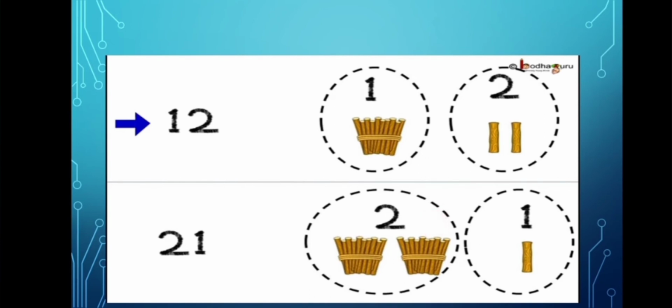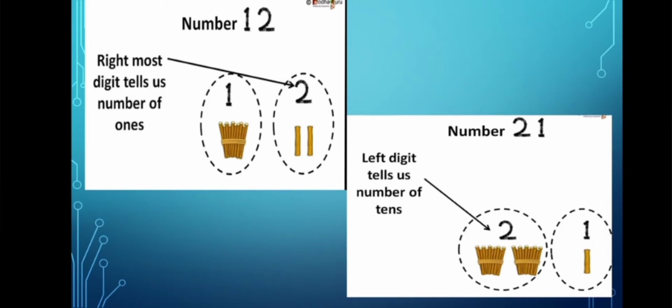The digit on the right tells us the number of loose sticks. In 12, 2 is on the right side, and it represents 2 sticks. But in 21, 2 is on the left side and it represents 2 bundles of 10, or 2 tens.